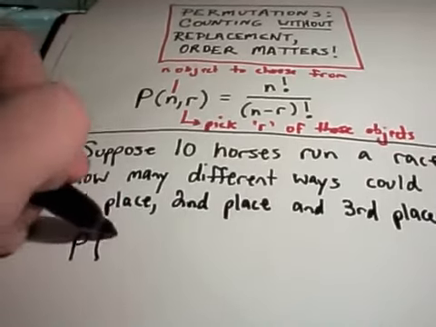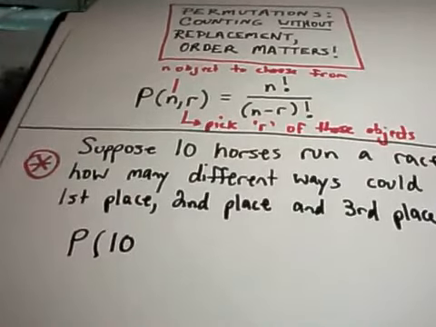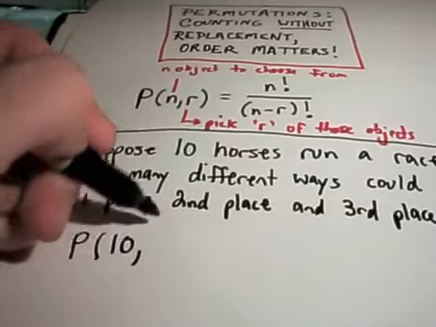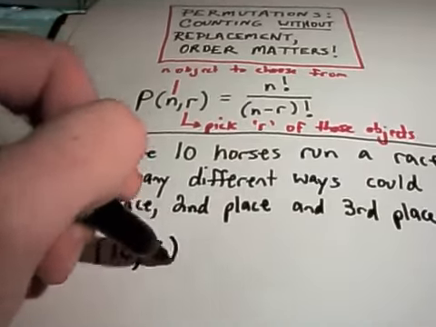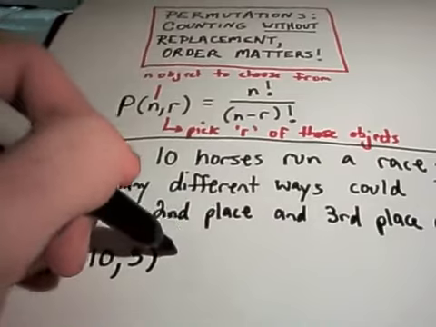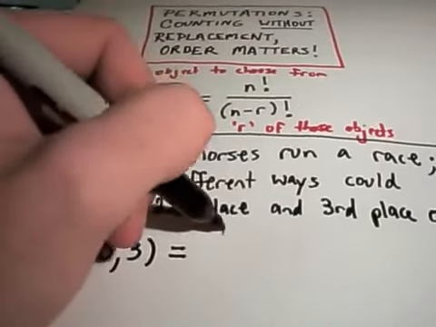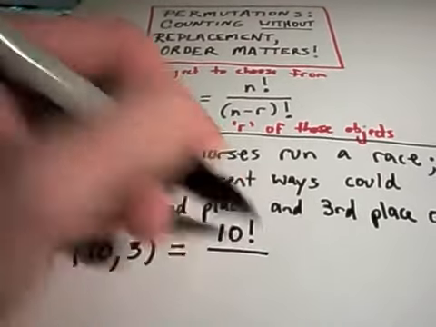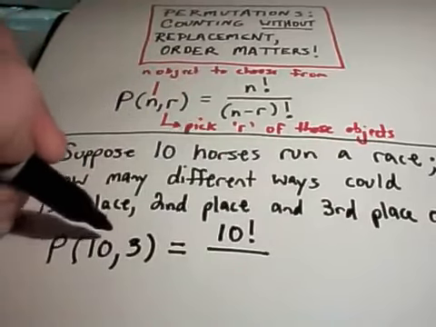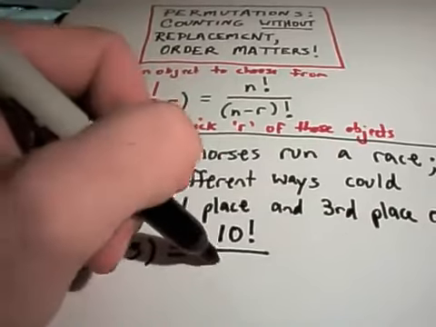So I have 10 total objects to choose from. There's 10 horses, but I'm just interested in picking out 3 of those, the top 3 places. So this is going to be 10 factorial, and hopefully you saw the pattern. You can just subtract the 2 numbers on the bottom.